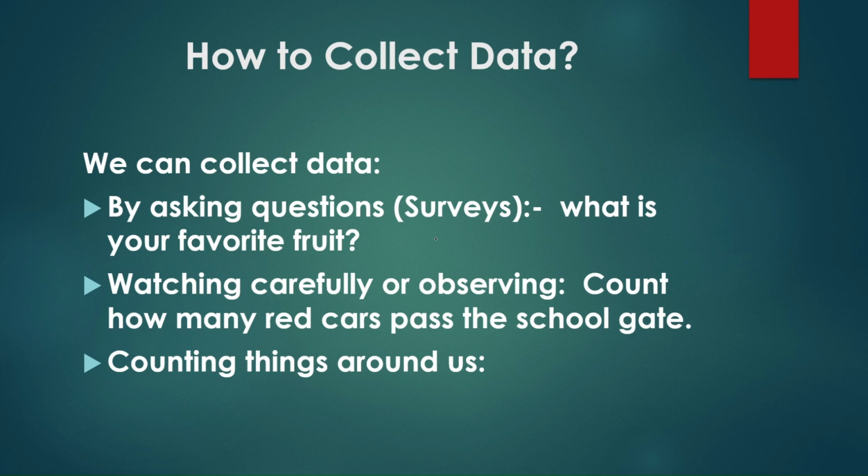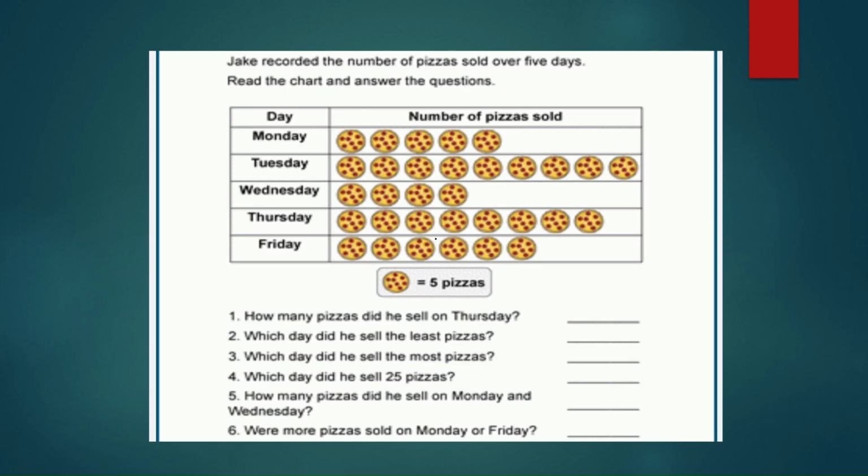Then watching carefully, which means observation. When we watch carefully, we don't ask questions. And counting things around us. When we are bored, we say, how many cars will pass today through my gate? That's counting things around us without asking a question.